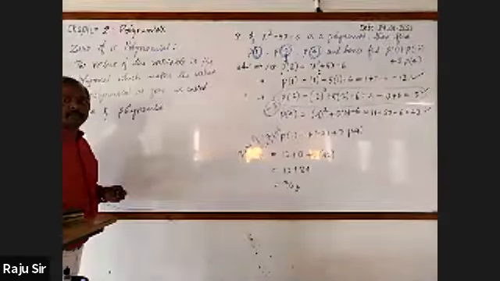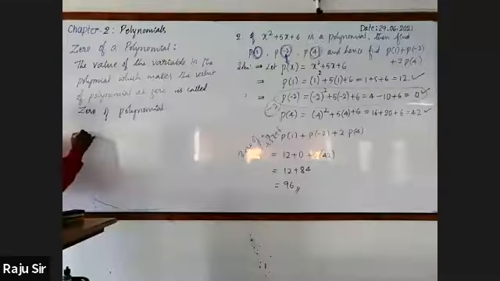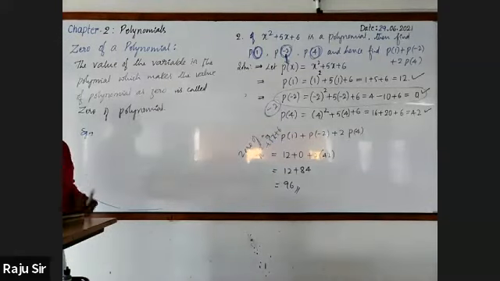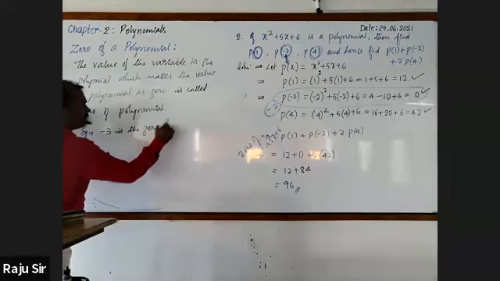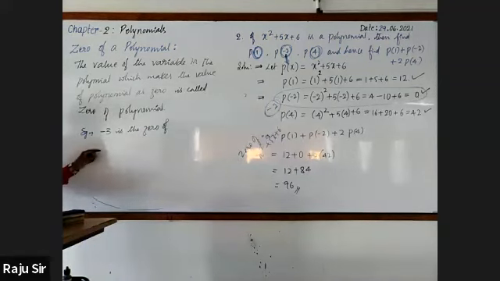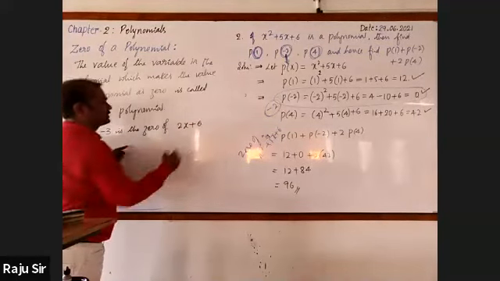Now, an example. We are not going to solve the problem. I'll just give you one example and then move on to the worked examples. Example: minus 3 is the 0 of 2x plus 6.